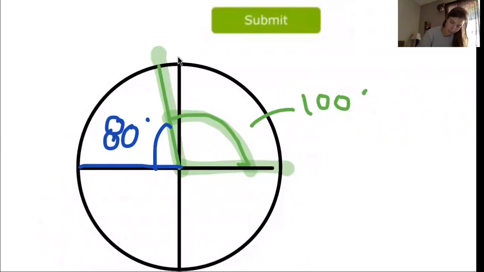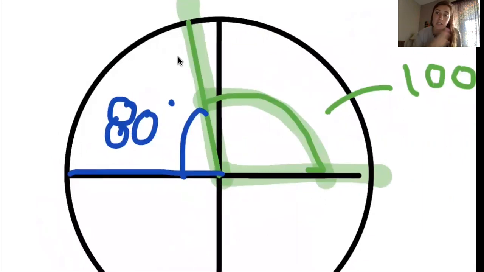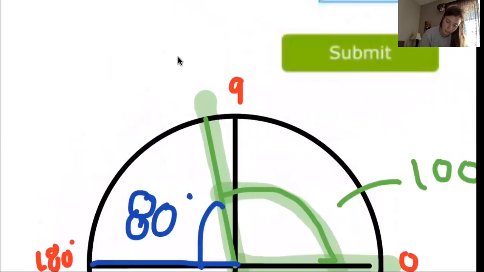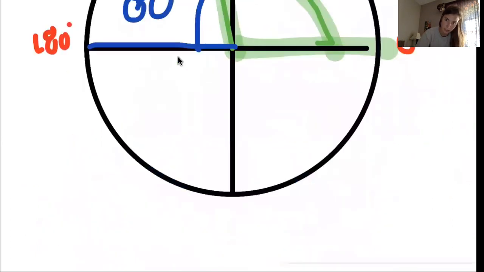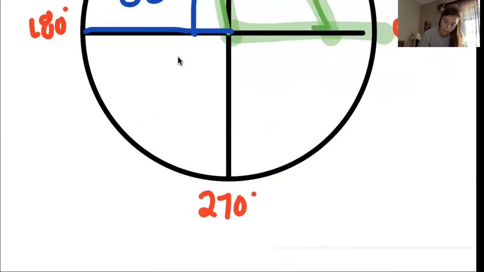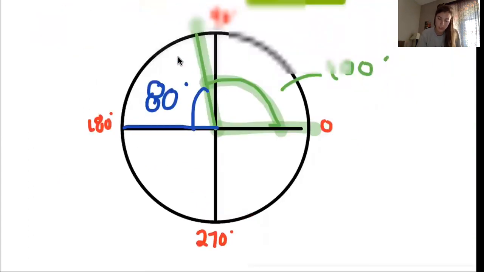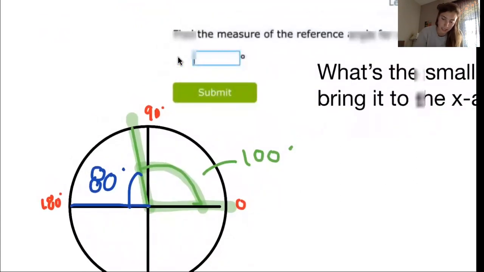If you look at the blue, it's only 80 degrees away from the x-axis because this equals 180 degrees. This is 0, 90, 180, and then 270 is down here. So if the green angle is 100 degrees, I'm only 80 degrees away from 180. That's the shortest way for that angle to get back to the x-axis. So my reference angle is 80 degrees.